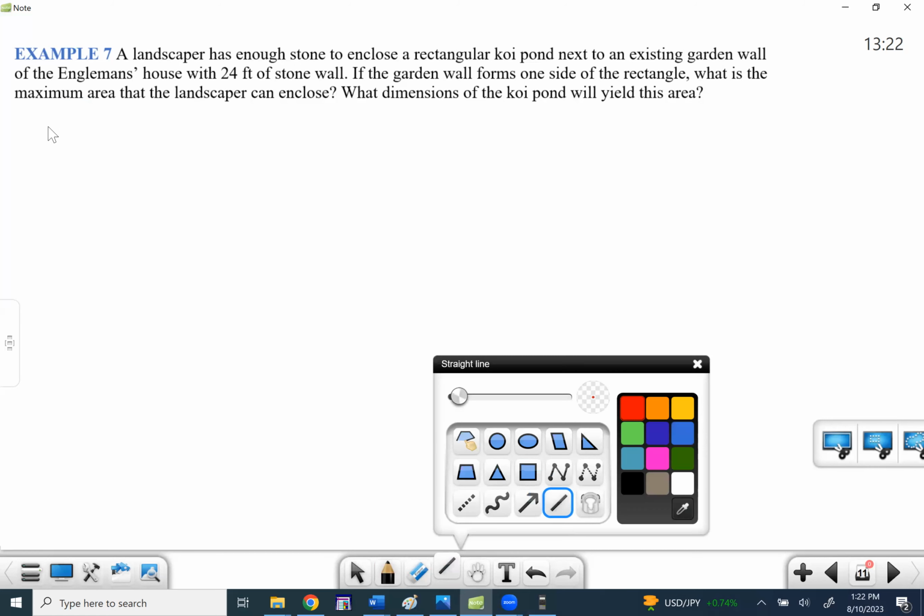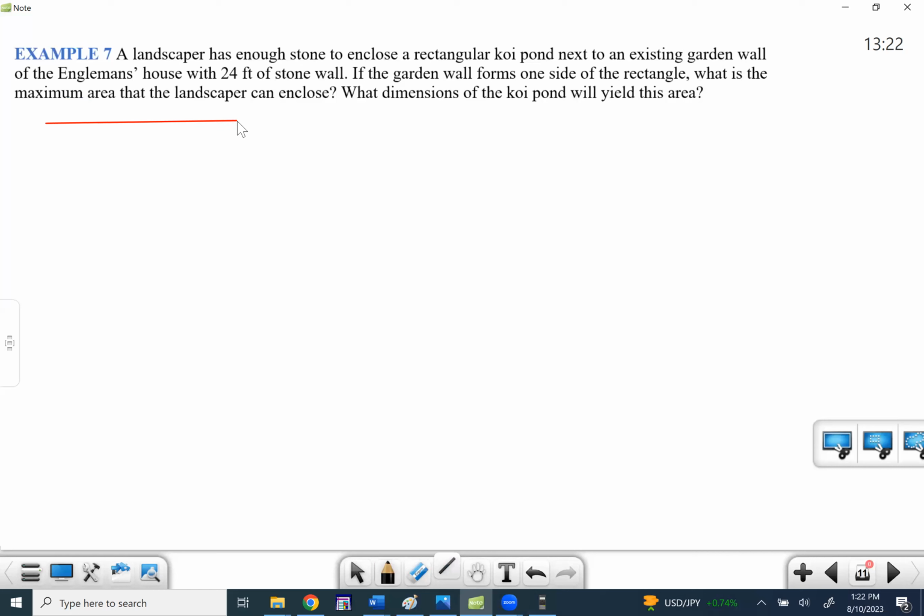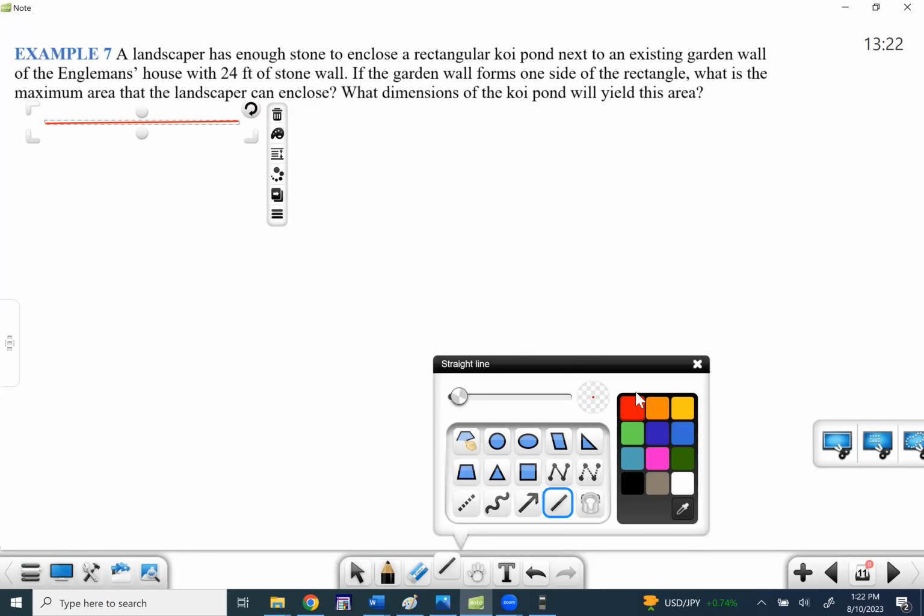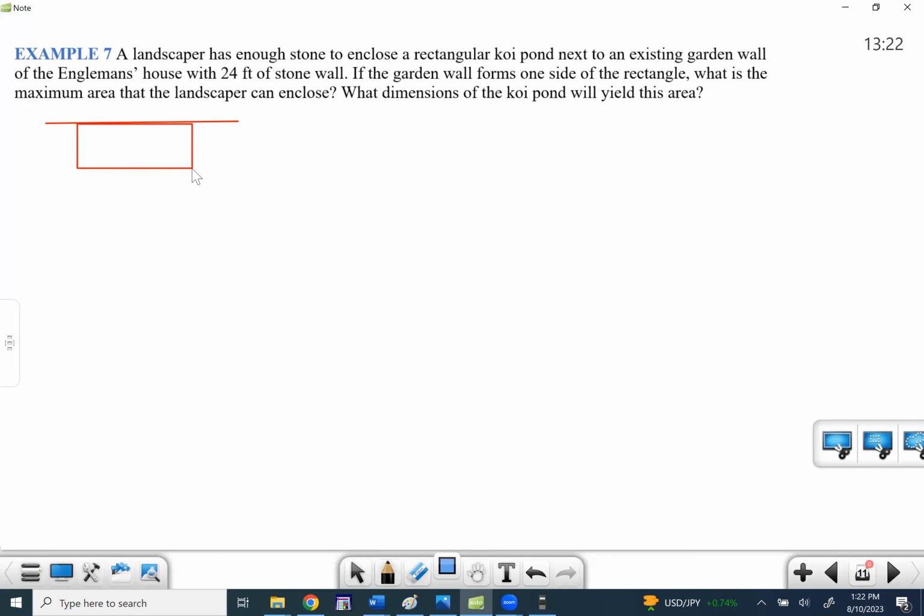So I'm going to draw a picture. Sometimes my interpretation is not correct at first, but this is what I'm interpreting right now. I am seeing that we want a rectangular koi pond that's attached to a garden wall, right? Something like this. Oh, that's not what I meant to do. Let's try that again. Okay. I'm going to take this because this seems crooked. Select it.